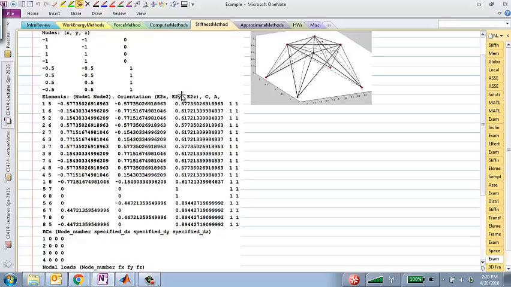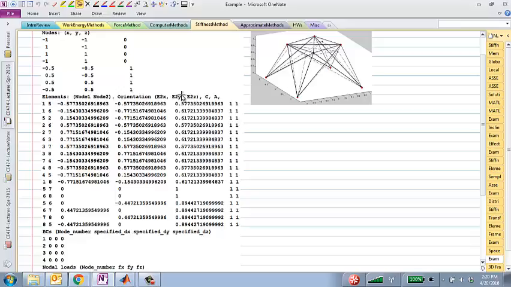So for example, in 3D, if you have a truss element that's made out of a W shape, a W shape has some orientation, right? If you look at the cross section, it has a major axis and a minor axis. So what you need to specify is which orientation do I have in 3D, because that becomes important.